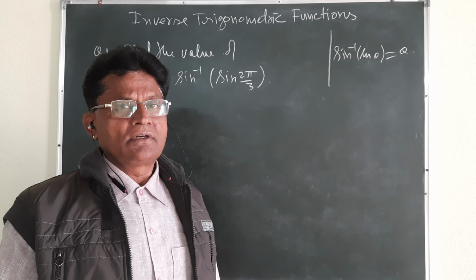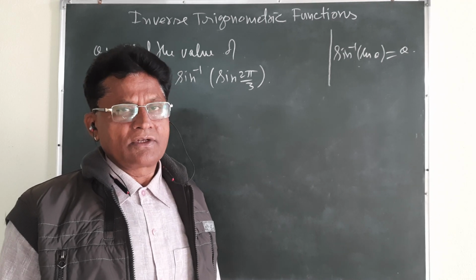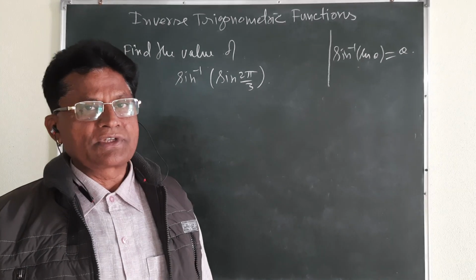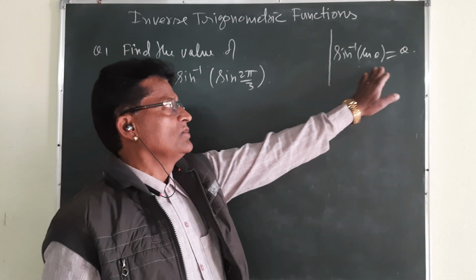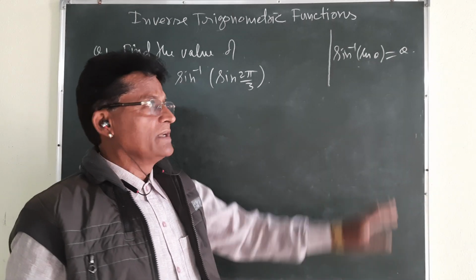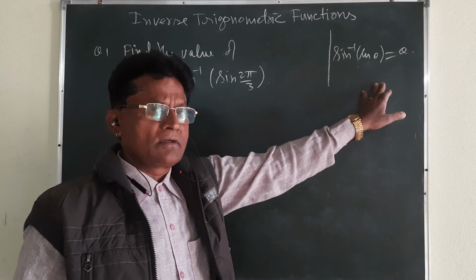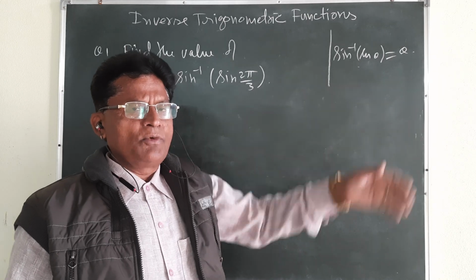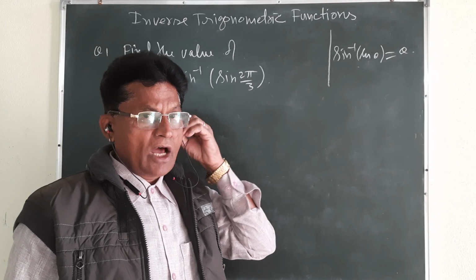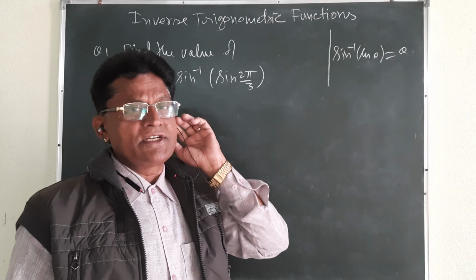Their range you must keep in mind, so that you can find out the solution of such questions. This is true for all the inverse trigonometrical functions. But how far is it true?